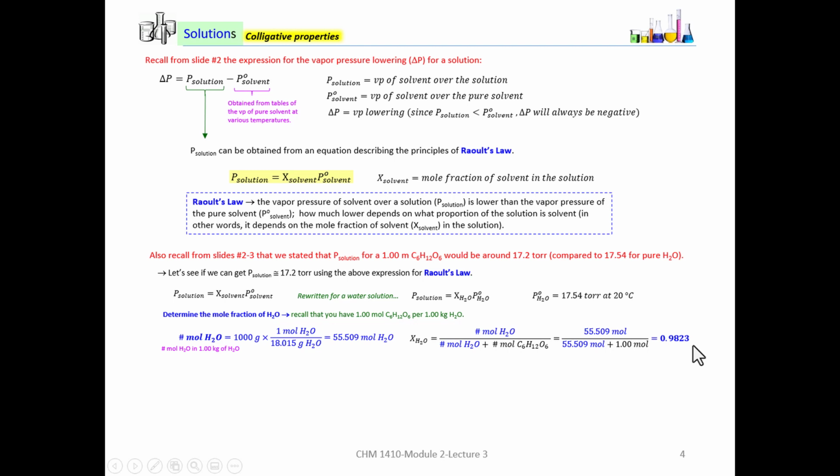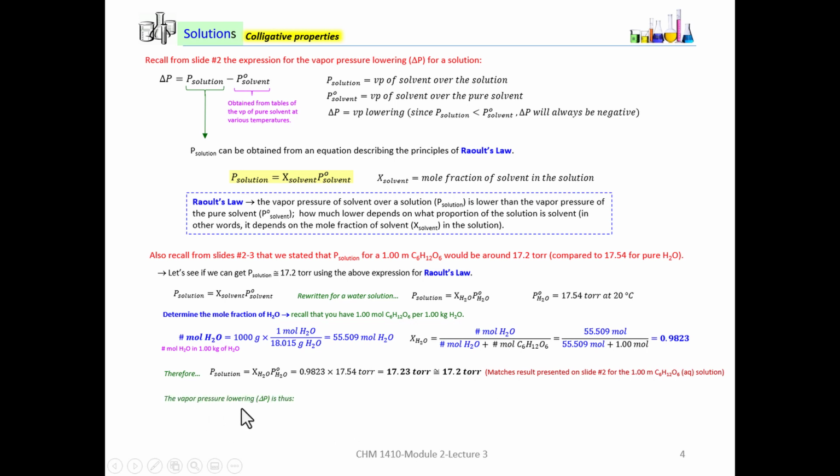The solvent is water. Therefore, the vapor pressure of the water over the solution would be this mole fraction of water, 0.9823, times the vapor pressure of pure water, and we get a number of 17.23, or in other words, very close to the number that we said it should come out to be, 17.2 torr.